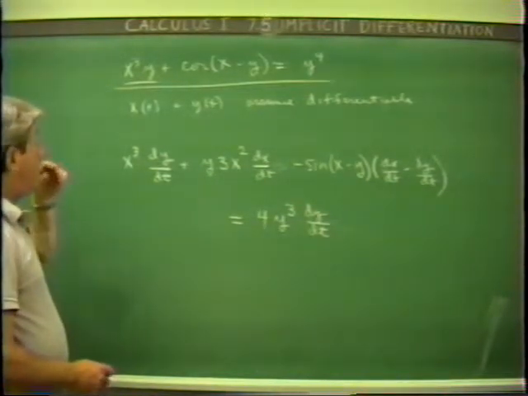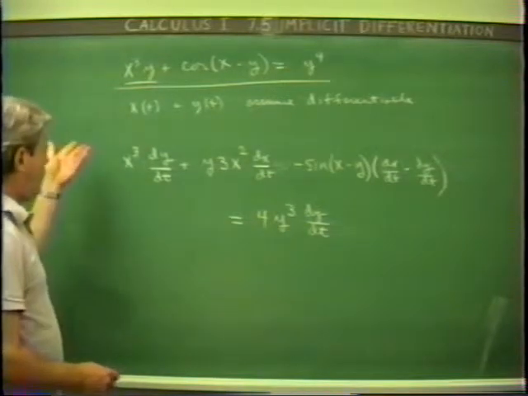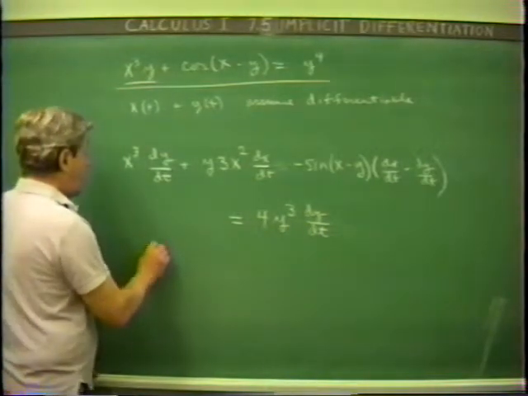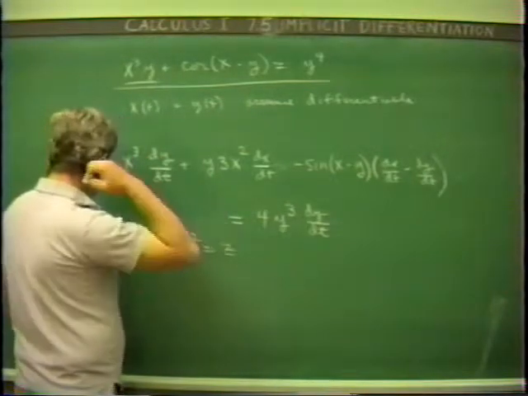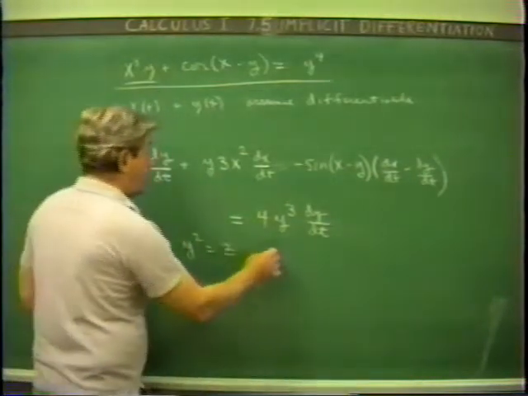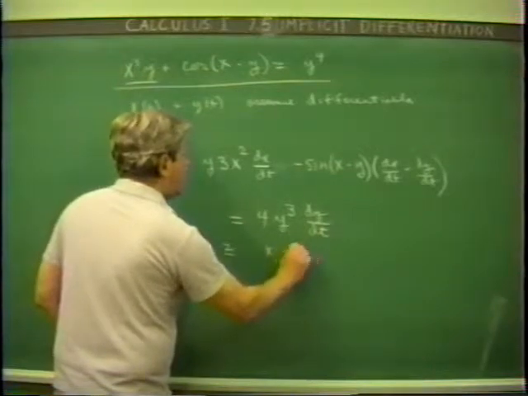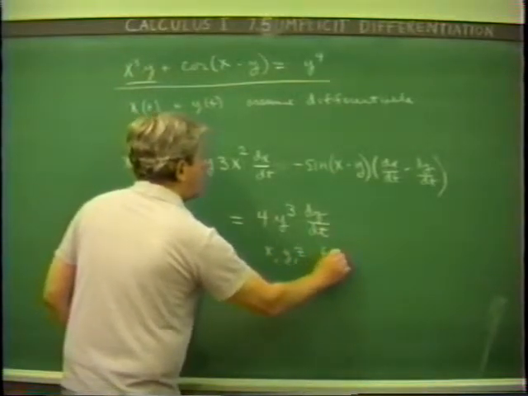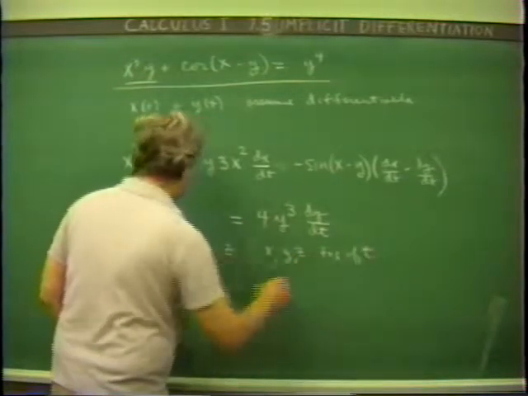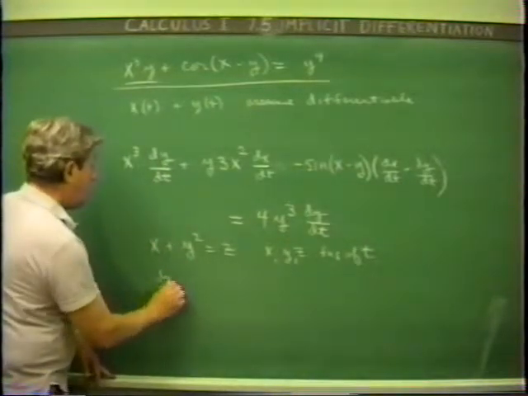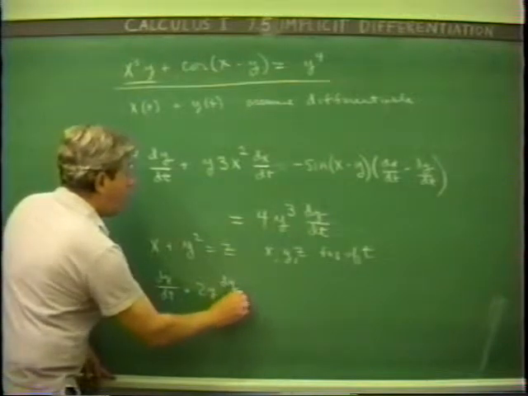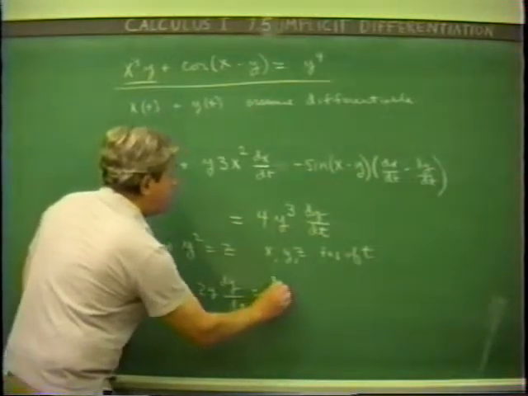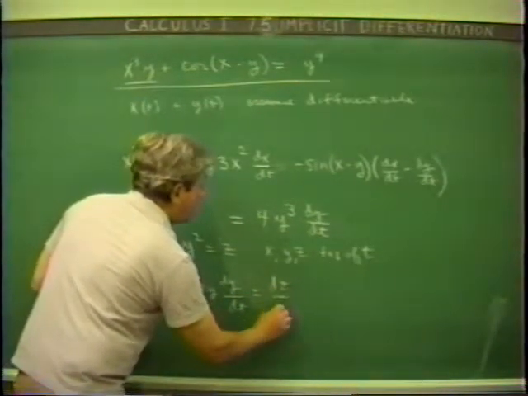Right? It's clear that other combinations such as this can be gotten. I mean, if we had x plus y squared is equal to z, where x, y, and z were all functions of t, then dx/dt plus 2y dy/dt would be equal to dz/dt.